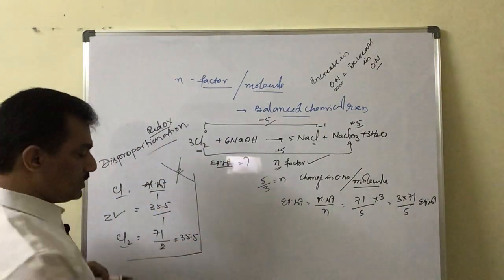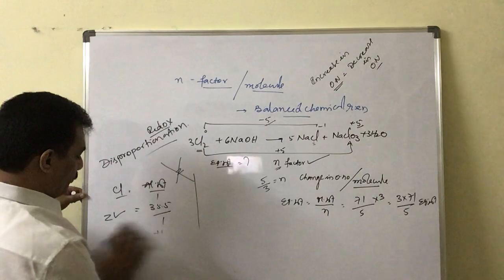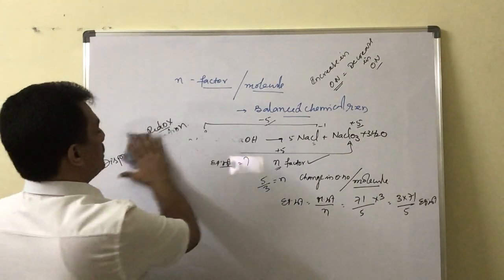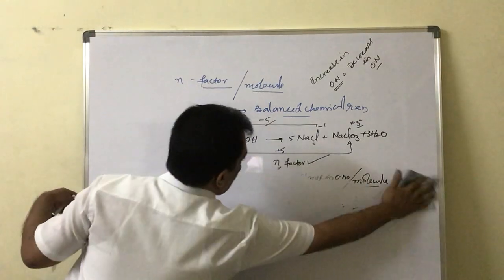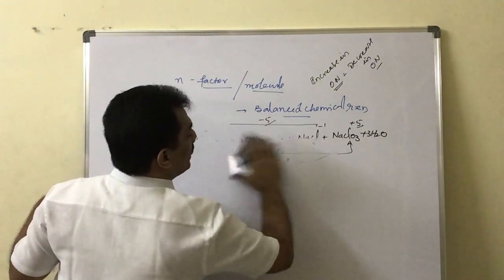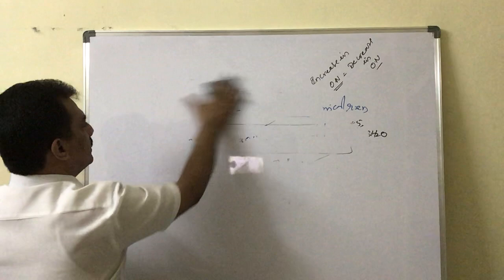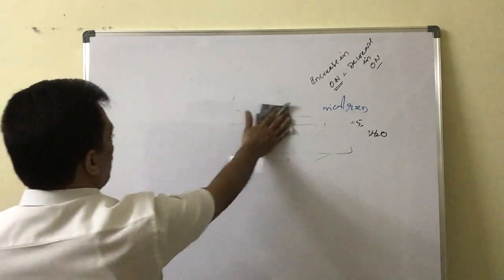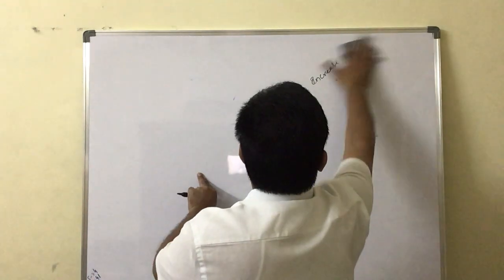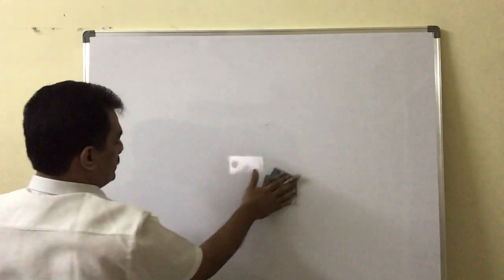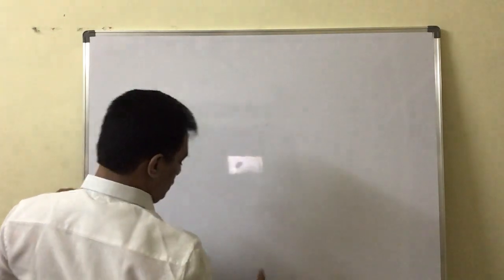Clear? Now let us try some other examples, for example HCl. When the HCl molecule is given and we are asked to calculate the equivalent weight, what can you do? HCl basicity is 1, because only one hydrogen is replaceable, and thereby you can simply take the molecular weight of HCl by Z factor.